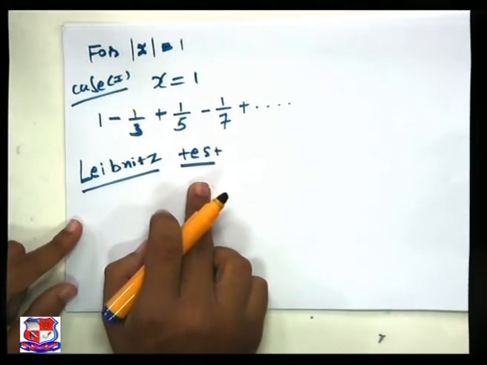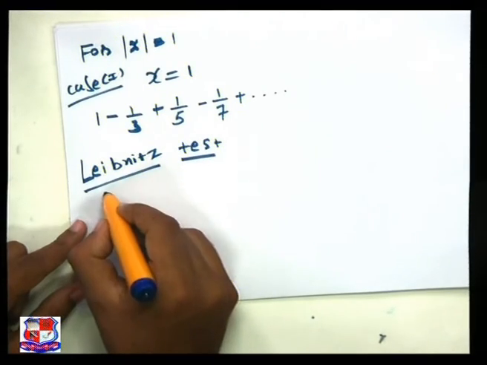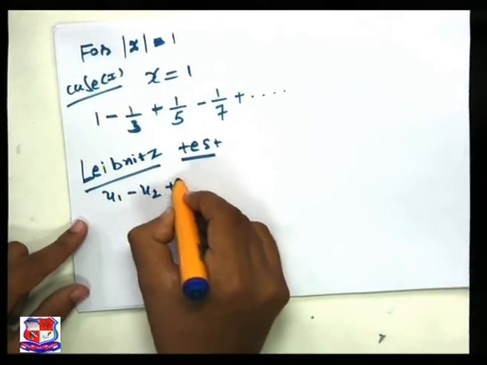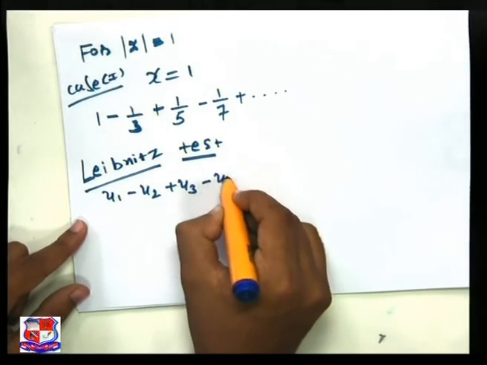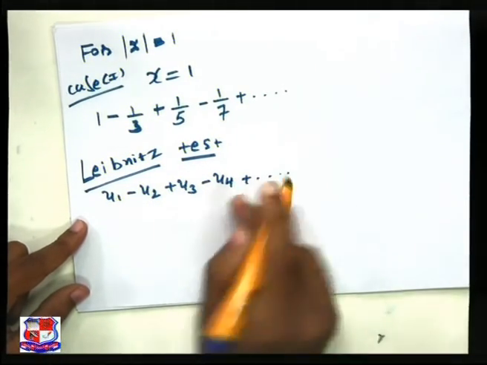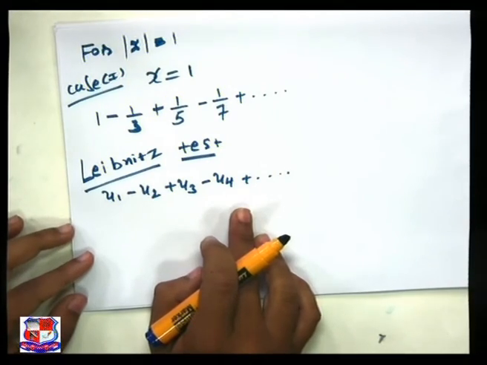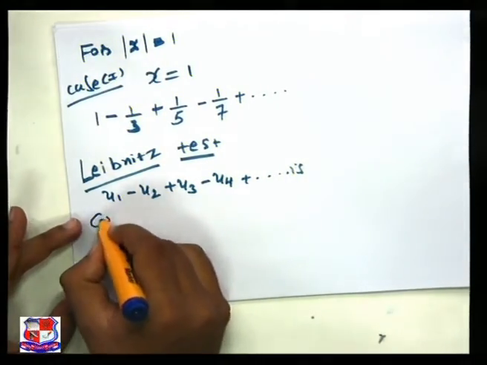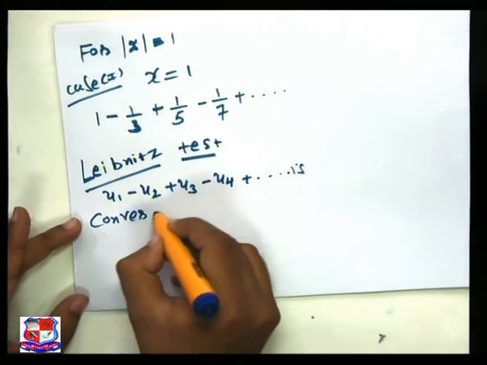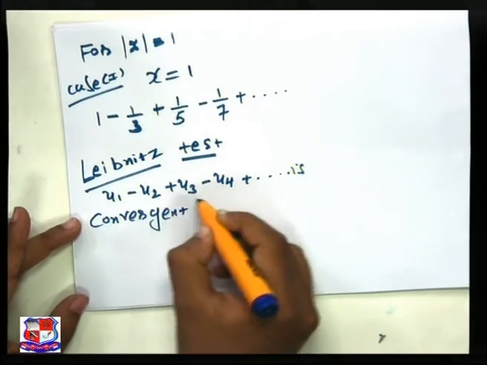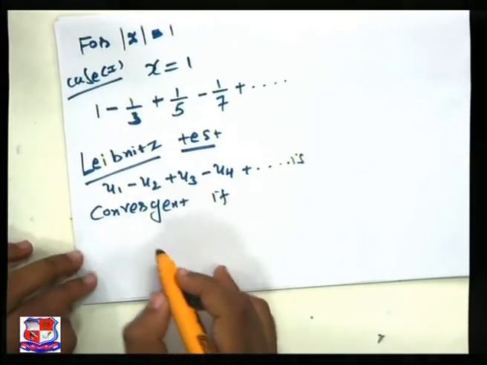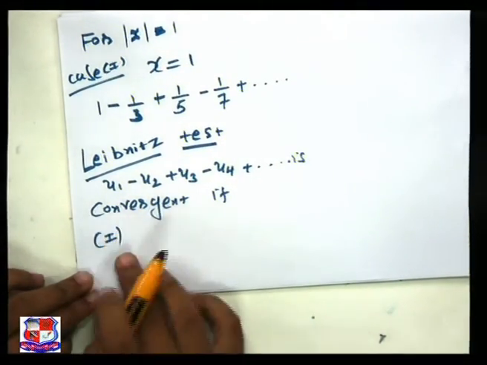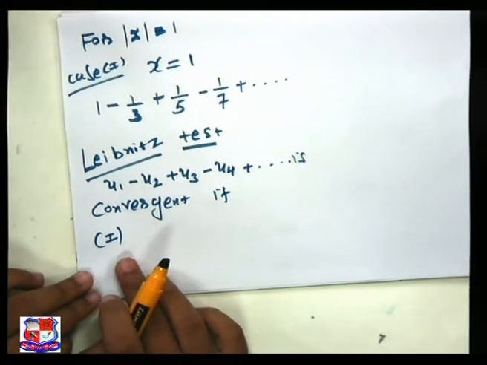In the Leibniz test, if your series u1 minus u2 plus u3 minus u4, this alternating series, is convergent if these two conditions are satisfied. Which conditions?